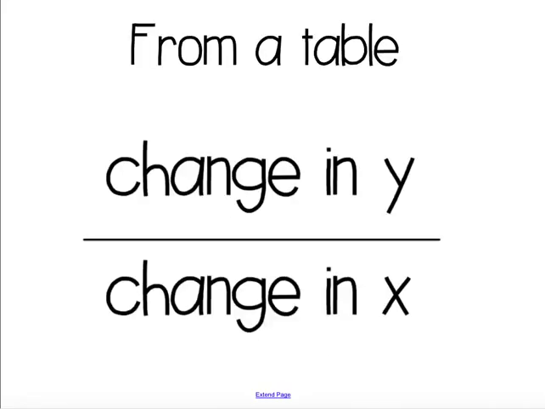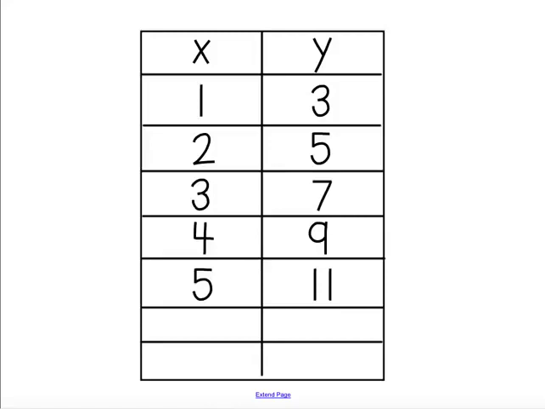Okay, our third way is from a table. Again, we have change in y over change in x. So looking at a table here, it doesn't matter which 2 points you choose as long as you're using corresponding points. So I could pick from 1 to 3, 1 to 2, 1 to 4, 2 to 5. It doesn't matter as long as I'm using those same points in the y.